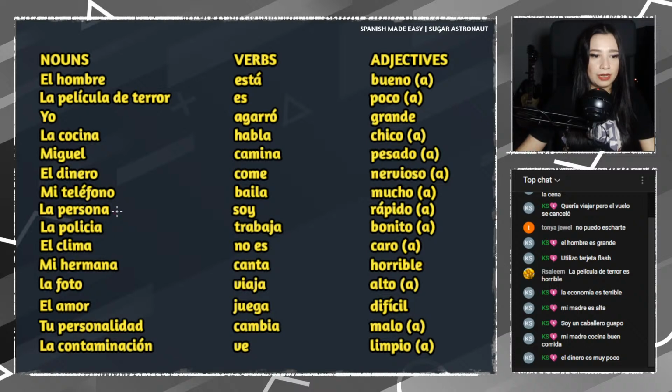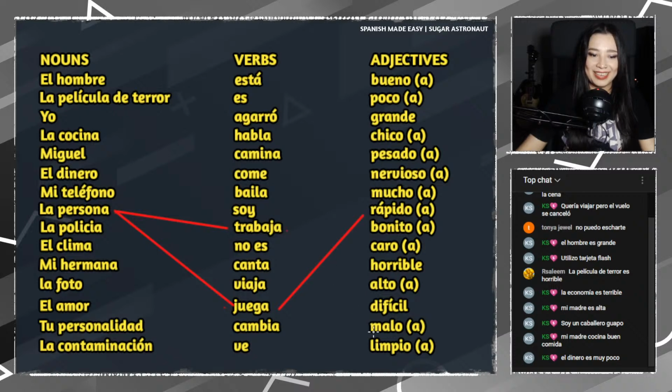La persona camina, or let's do juega. La persona juega rápido. The person plays quickly, whatever they're playing, right? Which other adjective? We can say la persona trabaja.